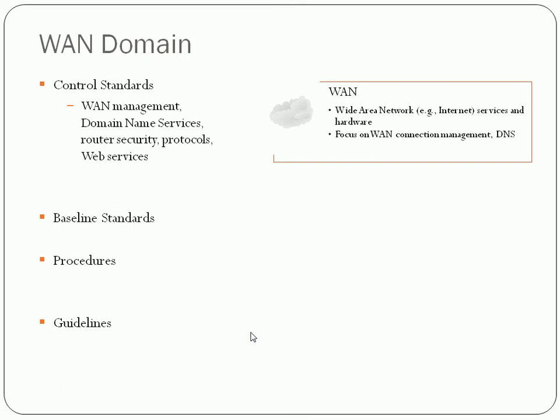So in your control standards, you might talk about WAN management, domain name services, router security protocols, web services. I added a couple others here, encryption and SLAs. To expand on some of this, for encryption, you might have a control standard that says whenever possible, users accessing the internet should be using an SSL encrypted website to try to protect information as much as possible.